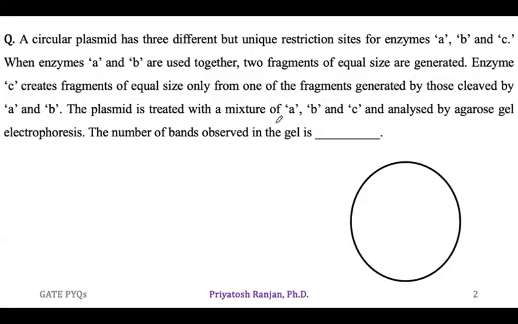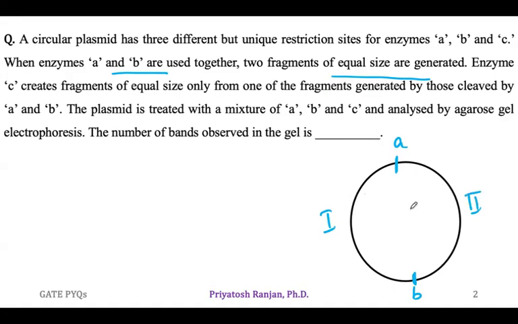There is some extra information given here, and that is when enzymes A and B are used together, two fragments of equal size are generated. So as said, A is having a single unique site, B is having a unique site. Now, when these restriction enzymes cleave this circular plasmid DNA, this will result in the generation of two fragments.